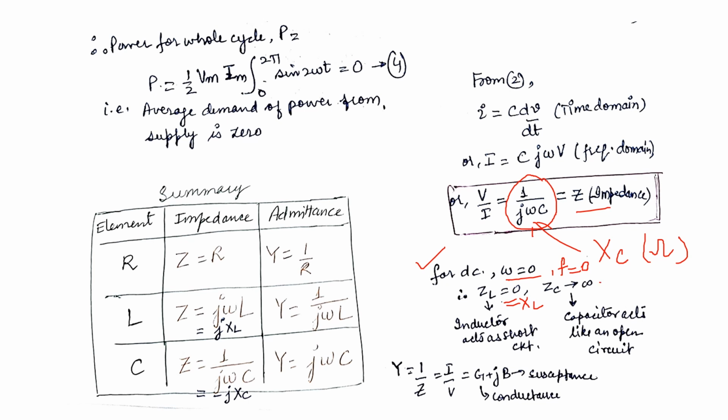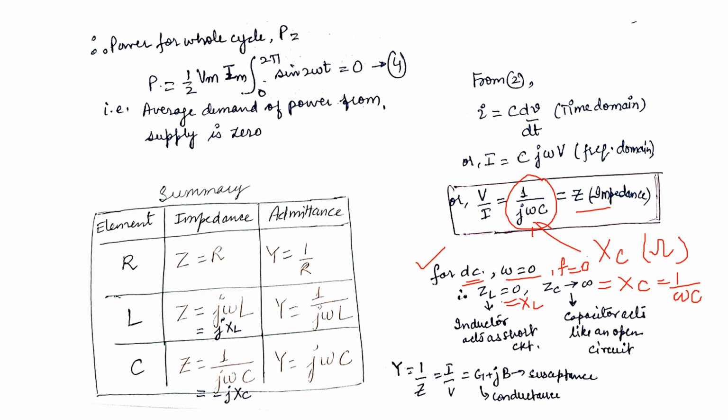For a purely capacitive circuit, Zc, which is our Xc, is 1 upon 2 pi f C or 1 upon omega C. If I write omega equal to 0, I get Xc equal to infinite. That is, the impedance offered by a purely capacitive circuit to a DC supply is infinite, so the capacitor will act as an open circuit when DC is applied to it.